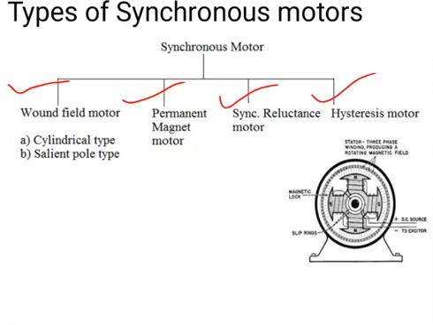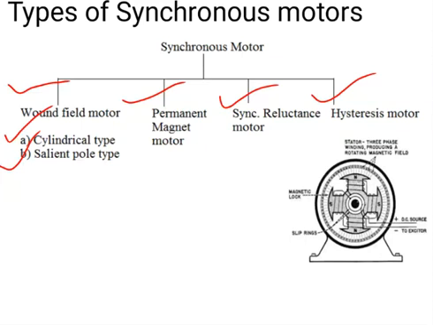The wound field synchronous motor is also classified into two types: one is the cylindrical rotor type and the second is the salient pole type. In today's lecture we will discuss only the cylindrical rotor type wound field synchronous motor.